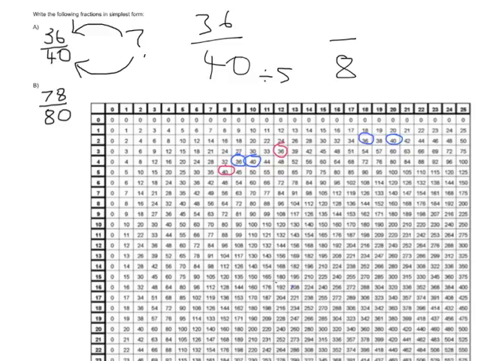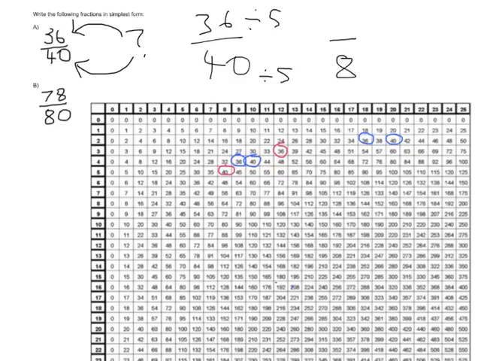Is there a 36 in the multiples of 5? No, there's not. We've got 35, but that's not enough. We need the exact number. Because if you try and divide 36 by 5, you won't get a whole number. And we need a whole number.